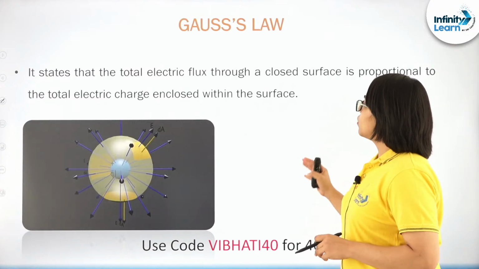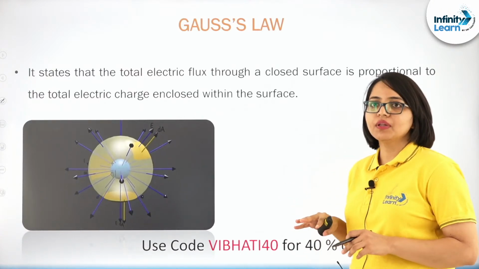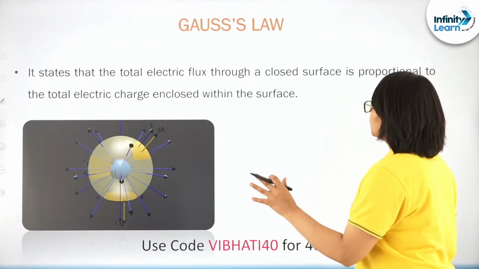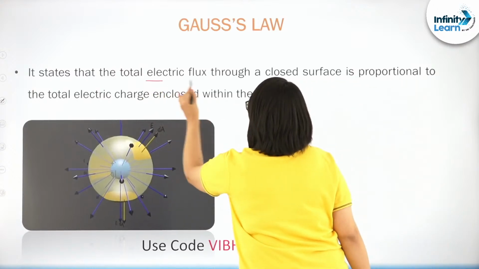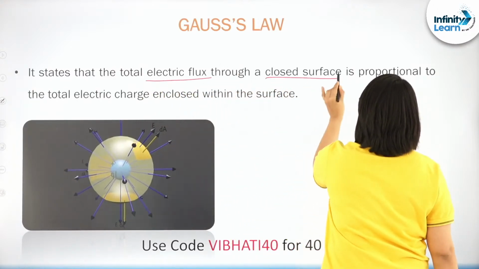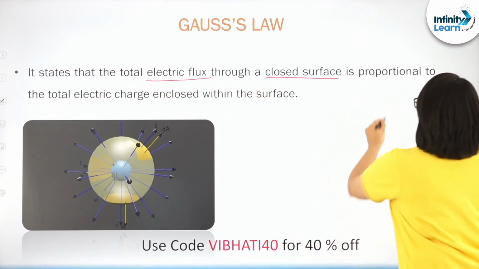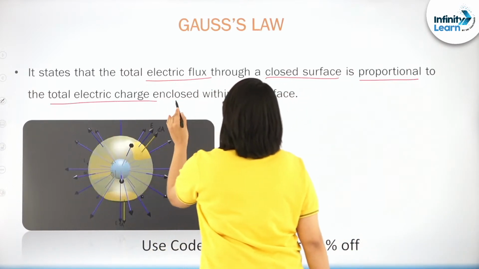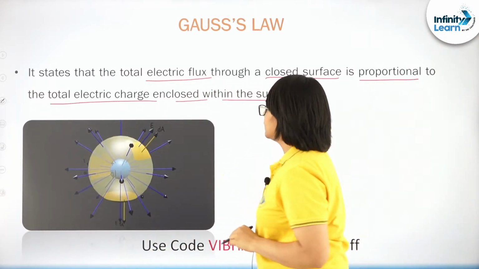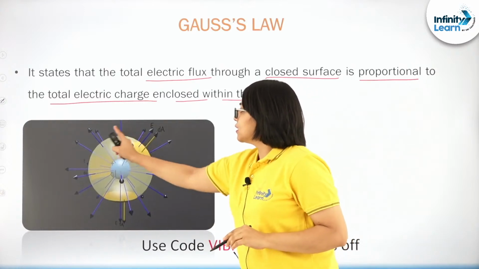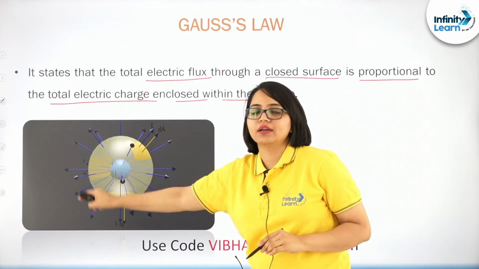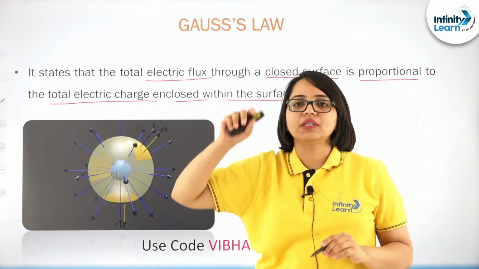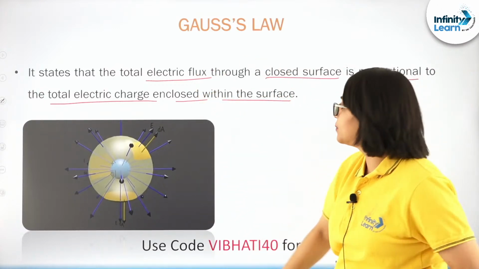Let's start with Gauss's law. It states that the total electric flux through a closed surface is proportional to the total electric charge enclosed within the surface. Suppose this yellow color is, let's say, an imaginary closed surface.